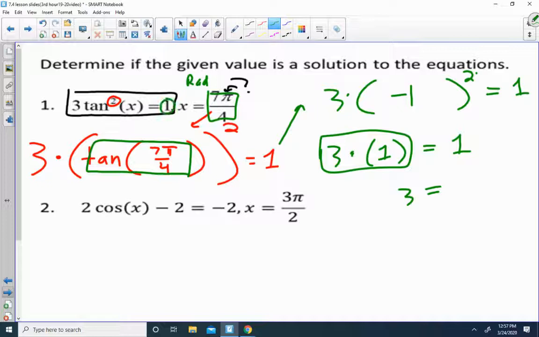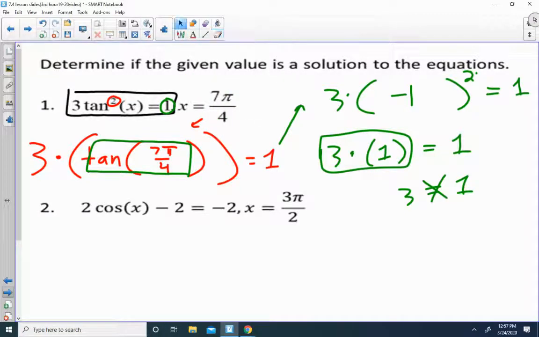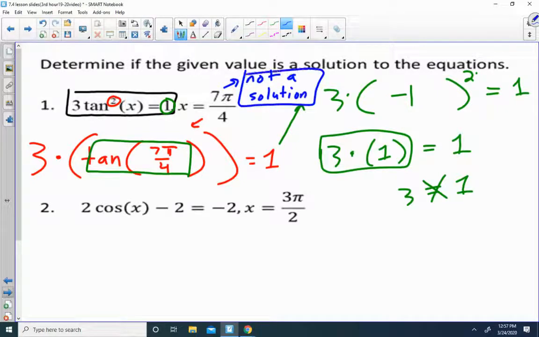Wait a minute, that's not supposed to equal 1. Oh no. That means 7 pi over 4 does not work. We tried, it didn't give us 1, so 7 pi over 4 is not a solution. And that's what you would put in the Hawks program. This is not a solution. That's all you have to do.